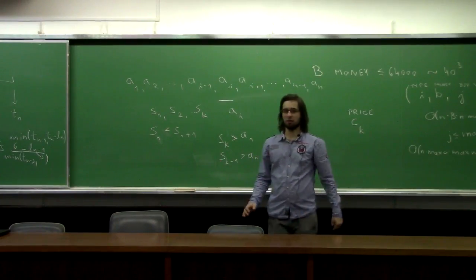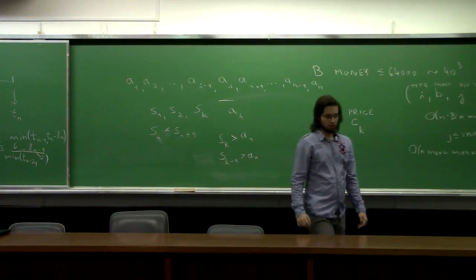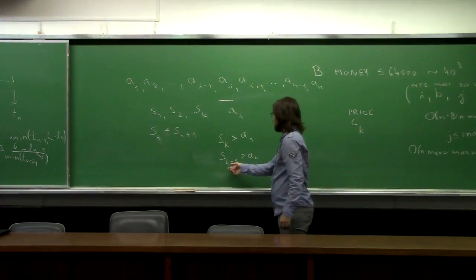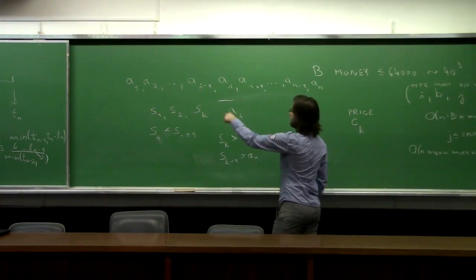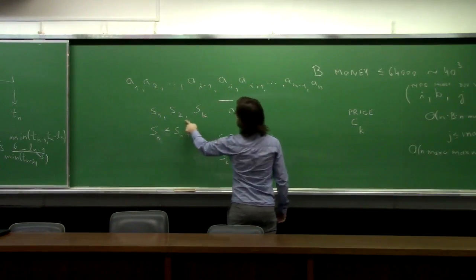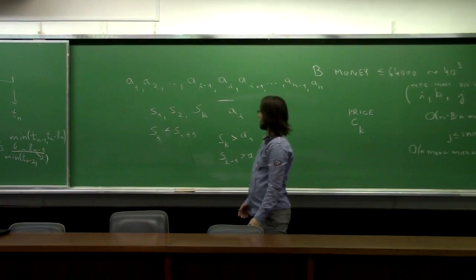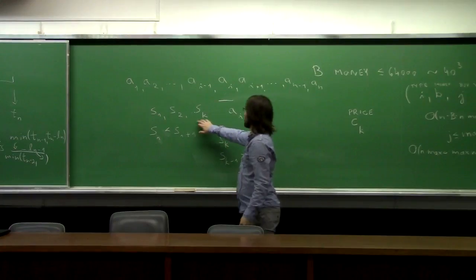So we are just adding some relevant edges, and whenever we find out that we have two edges that go from different components to this vertex, then we just merge these components.